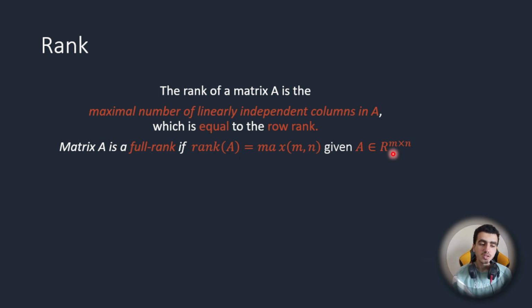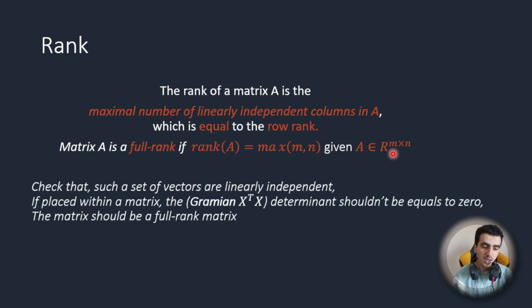Okay, so a matrix is full rank if its rank is equal to the maximum of the 2 dimensions of this matrix. And we can also use this for checking the linear independence of the matrix. Like, how can I say this matrix is linearly independent?